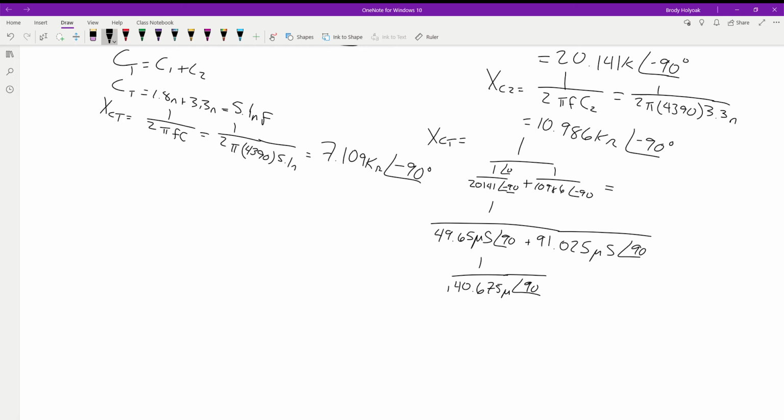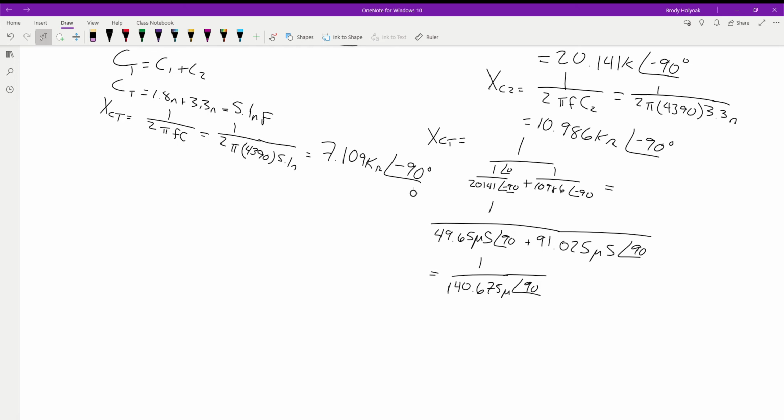So now when we take this value, we take the reciprocal of it again. That 90 is going to turn back into the negative 90. So we've maintained where that negative 90 is coming from. This is one thing I wanted to show you guys, is these values still will translate through. A lot of times we could just skip this step because we know it's going to be negative 90 because all it is is capacitors.